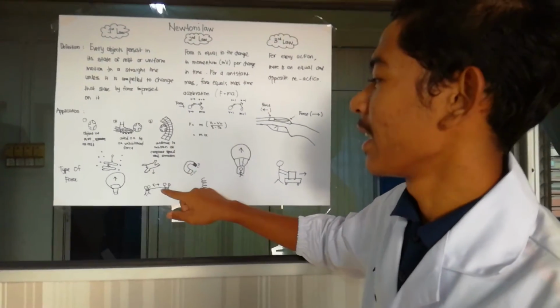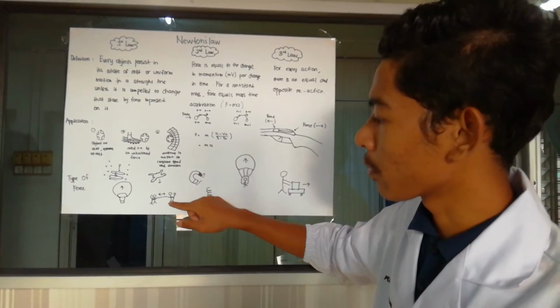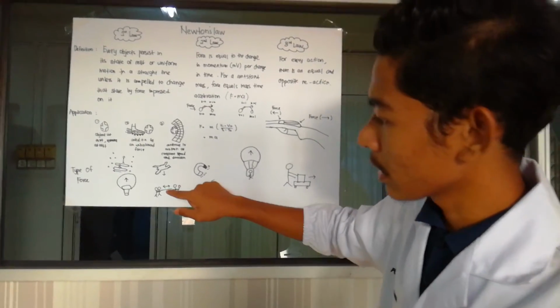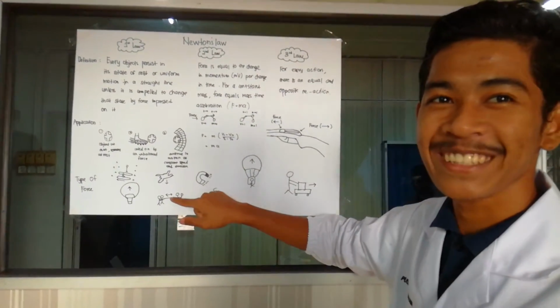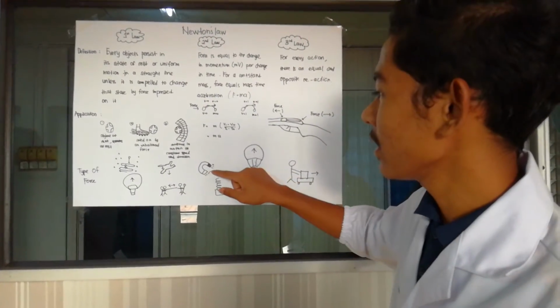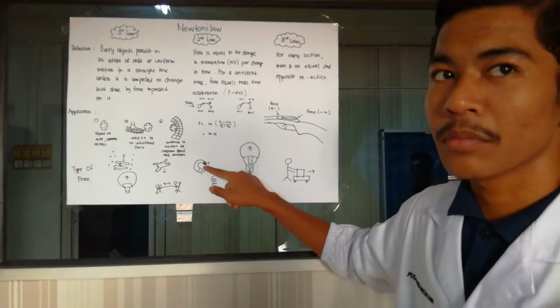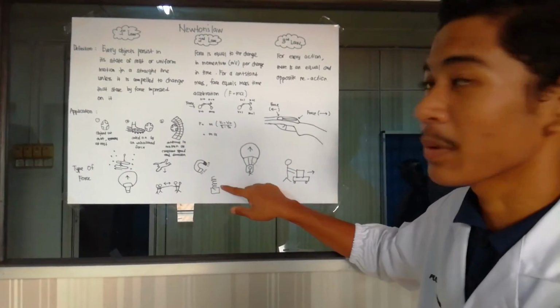The next one is two groups of people pulling a string, so there is a tension force. Next is a magnet, called magnetic force. Then a spring, we call it spring force.